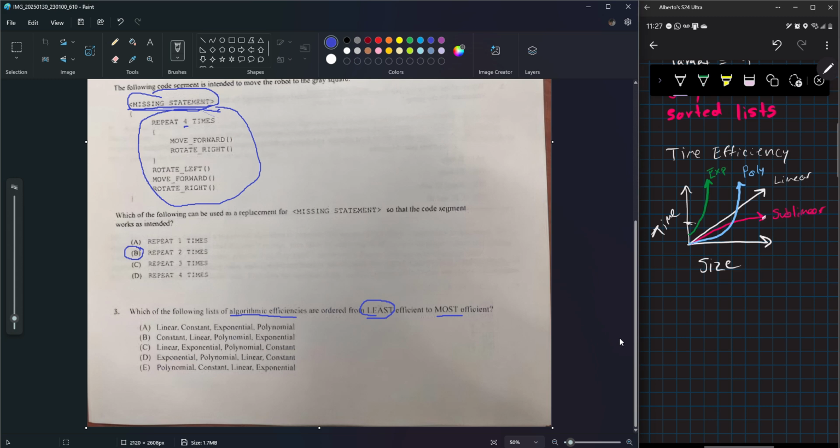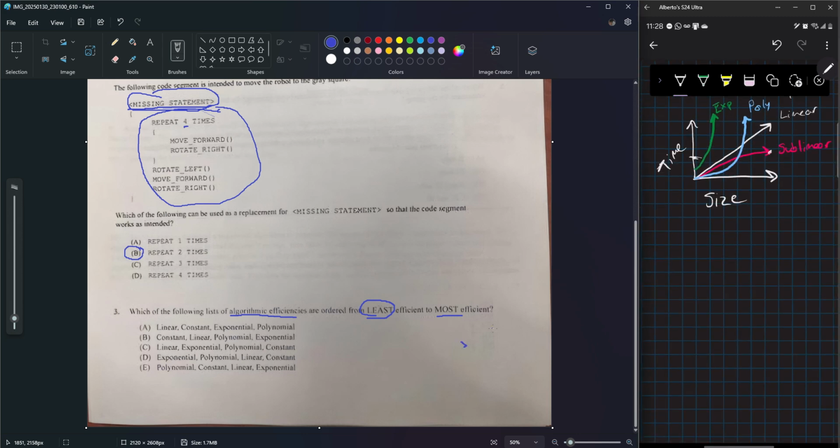So sublinear, since it's the fastest, it's the most efficient. So from least to most efficient, sublinear is right here.